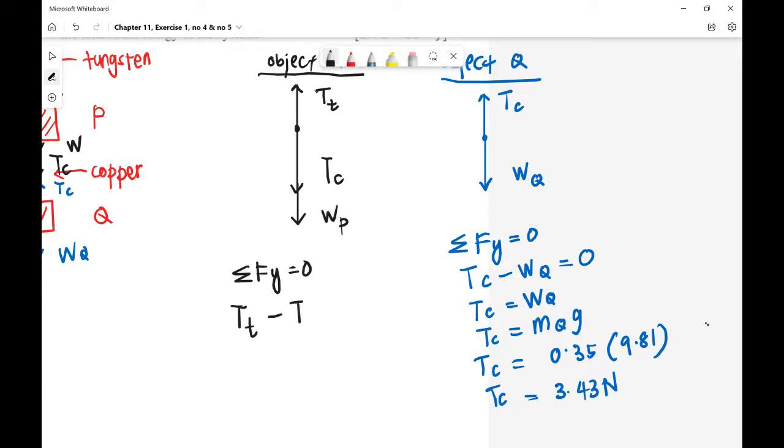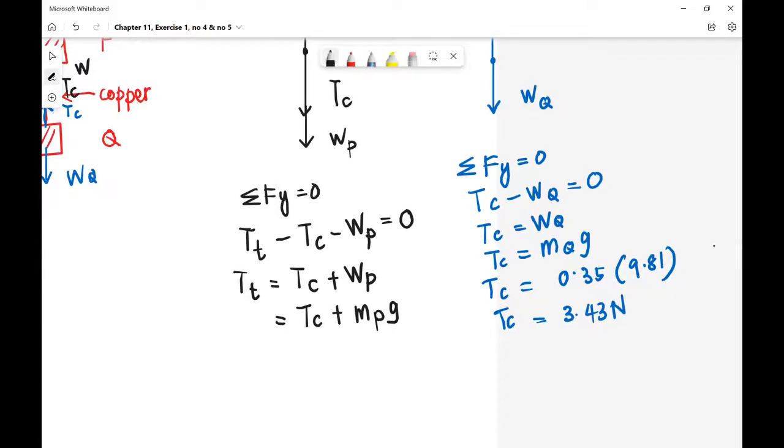Minus tension of copper. Minus weight of object P equals 0. So, tension of tungsten wire equals tension of copper wire plus weight P. Okay, where weight P equals mass P times acceleration due to gravity.